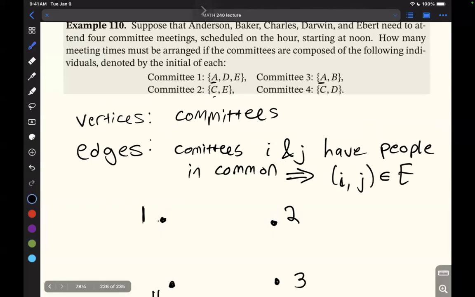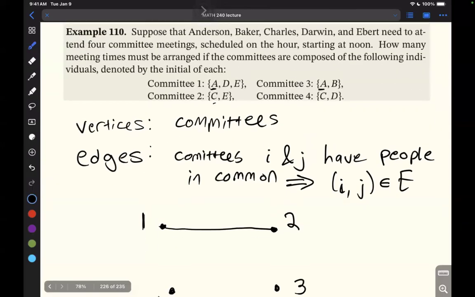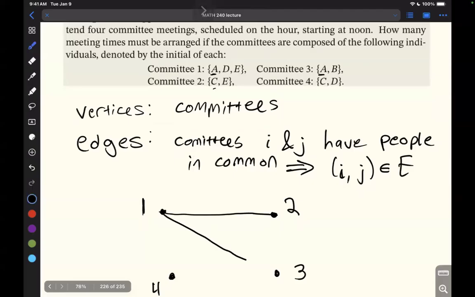So let's look at 1 and 2. 1 and 2 have a conflict over Ebert, so they can't happen at the same time. Let's take 1 and 3. 1 and 3 both have Anderson, so there's an edge between those. 1 and 4 have a conflict over Darwin.